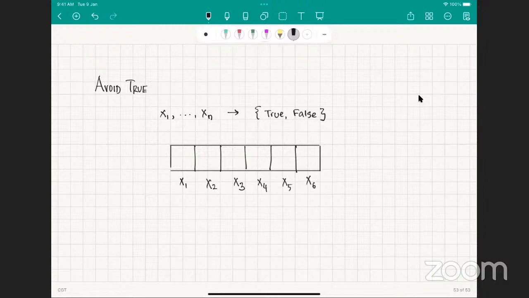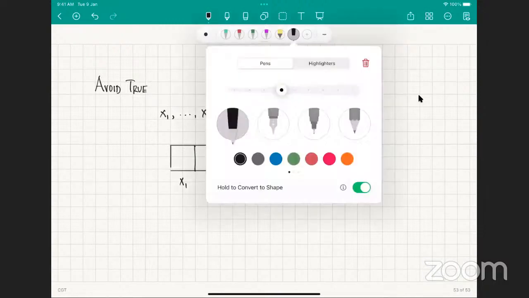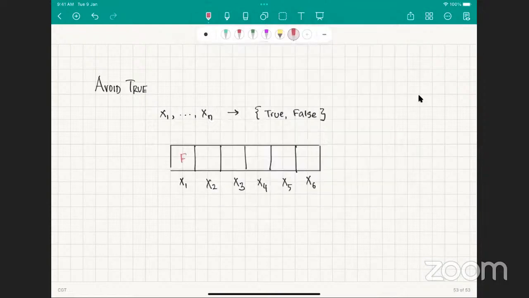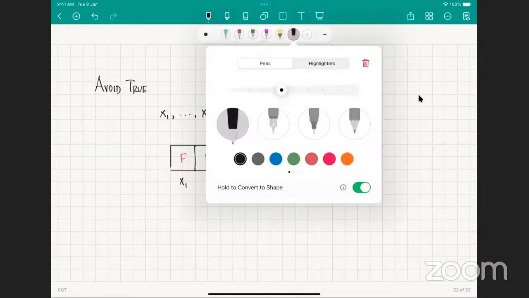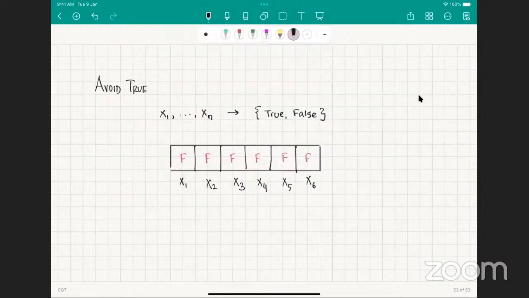Okay, so we have a bunch of variables. Their initial values are all false. And what else are we given? Well, we are given essentially a collection of subsets over these variables. Here's one example.